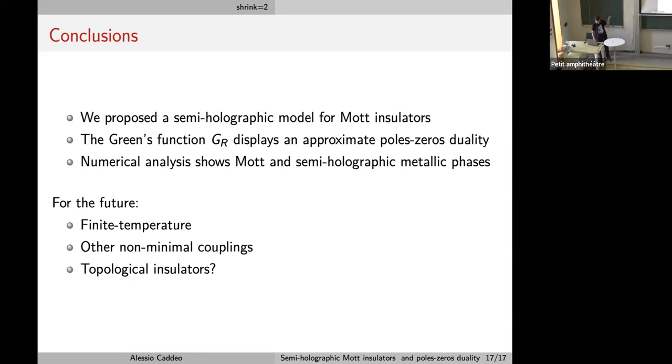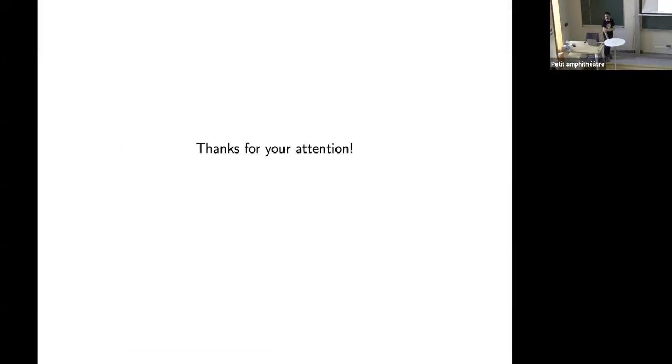Also, in the papers that I listed, the zeros were shown by the condensed matter community to give rise to interesting topological properties, so it would be interesting to see if we can include these aspects in our approach. If anybody in the audience has other suggestions, they are welcome. With this, I conclude. Thank you very much.